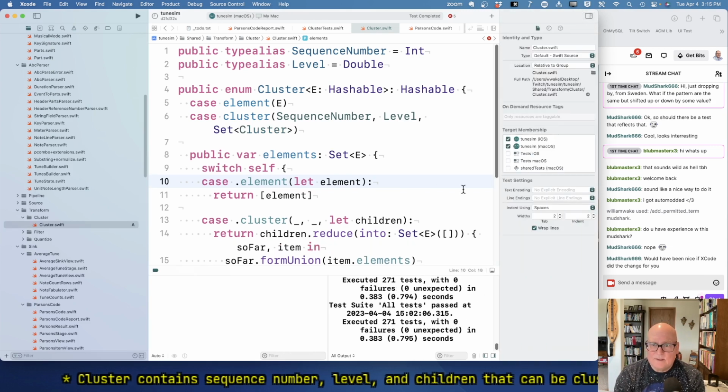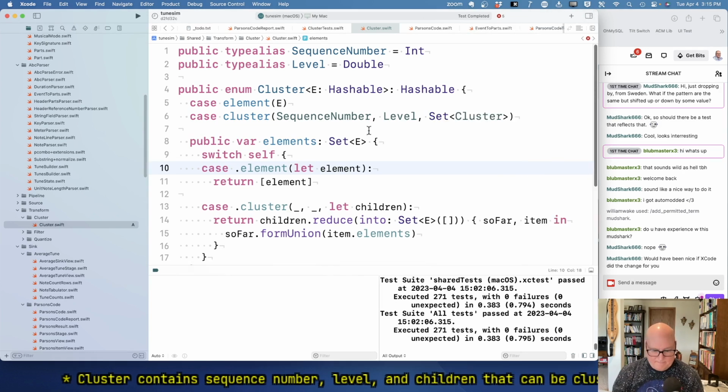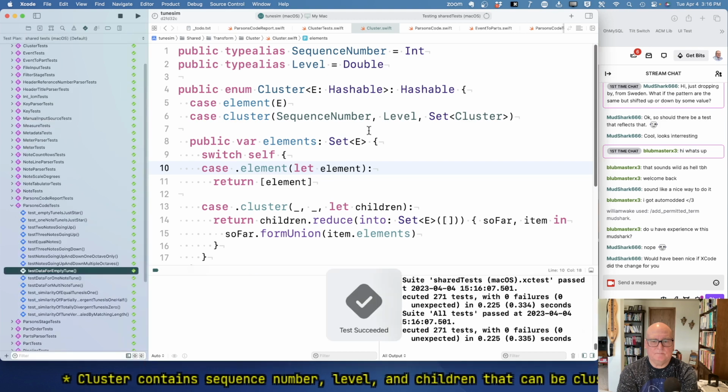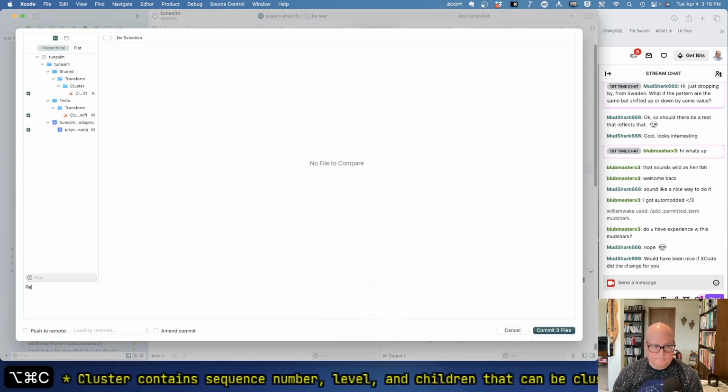Sometimes it marks them both, sometimes it doesn't. Refactor, extract cluster to its own file.